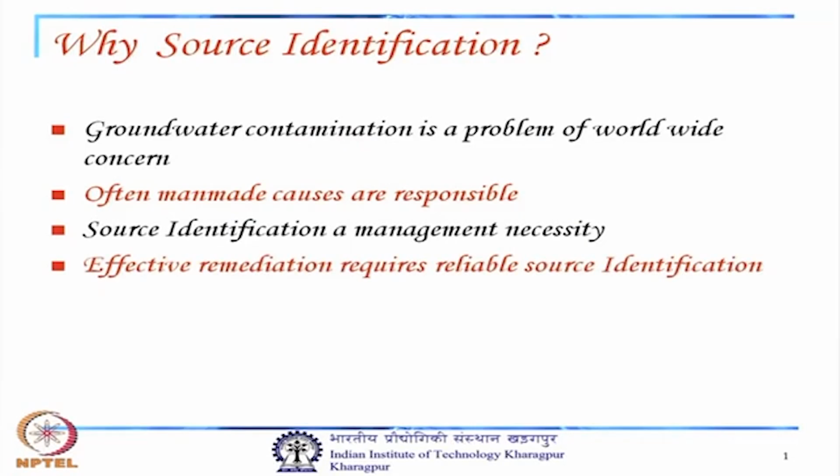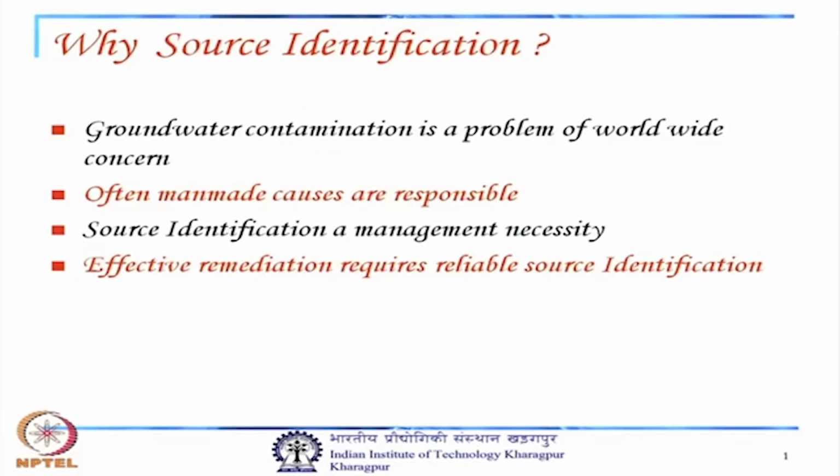Next, effective remediation requires reliable source identification. For remediation, we need a proper estimate of the source, both in space and time, and its strength is also a key parameter for identification.